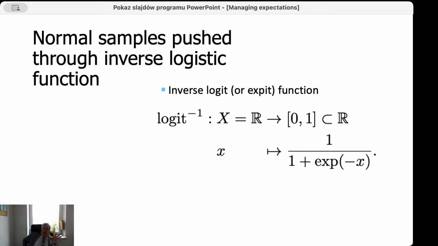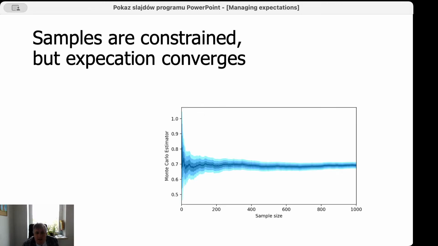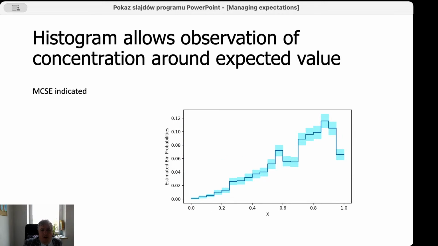Second example. Let's take something that is not normal. Let's take a transformed normal distribution. So let's get samples from a normal distribution and then put them through the inverse logistic function, so getting values between 0 and 1. Sampling from that, we can see that our samples are constrained to the 0-1 interval, but the estimates are still contracting to one given value.